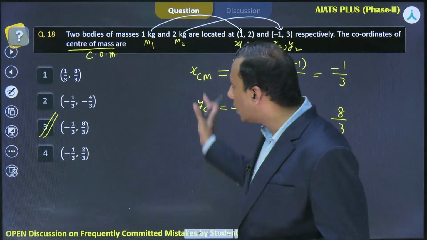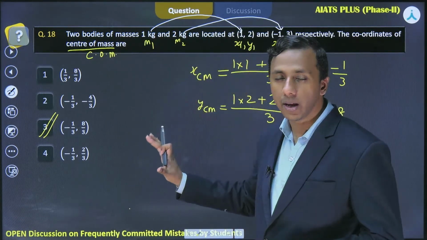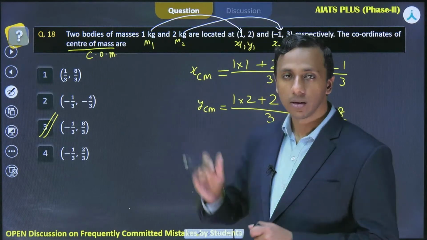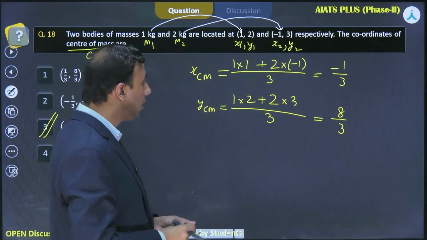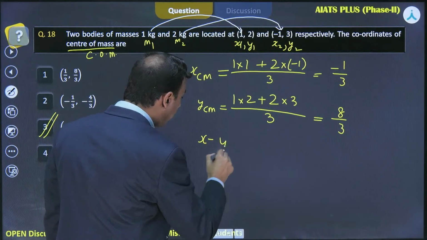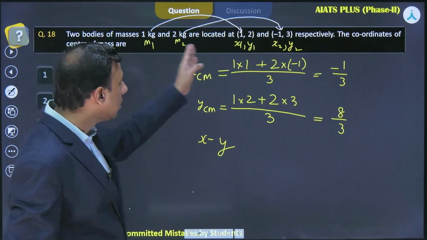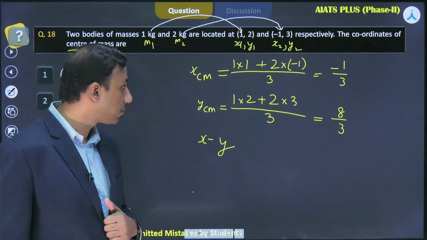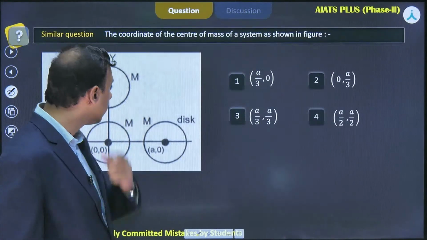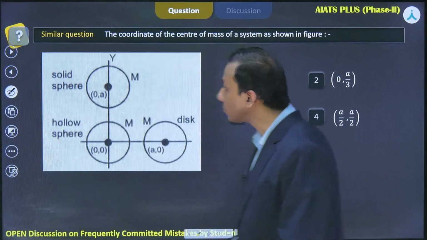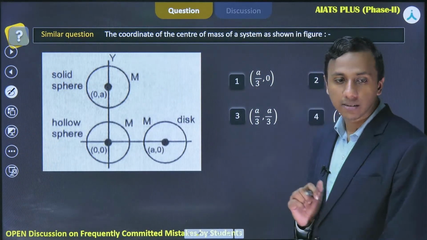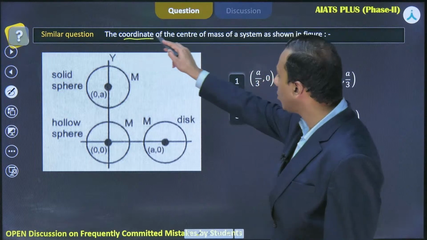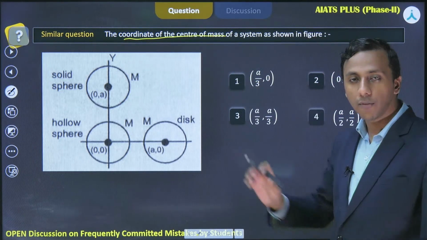And remember, this representation or this whole plane or this whole body system was arranged in the xy plane, right? Because mass m1, m2, they are placed with xy coordinates, all right? Now what happens if that is not the case? Let's see the next question, right? Now see this question. The same thing I'm asking, find the coordinate of center of mass of this system.